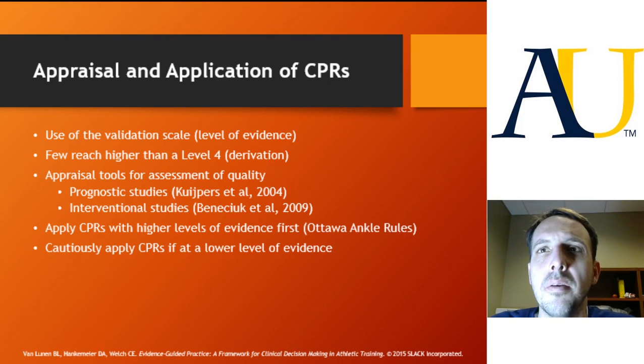And so as we go through, it's always important to continue to appraise this. I don't want to skip over that, but we've talked about that in depth. But then you start to apply these decision rules within your clinical practice. So as you go through this evidence-based practice component, it's the same as the clinical prediction rules.